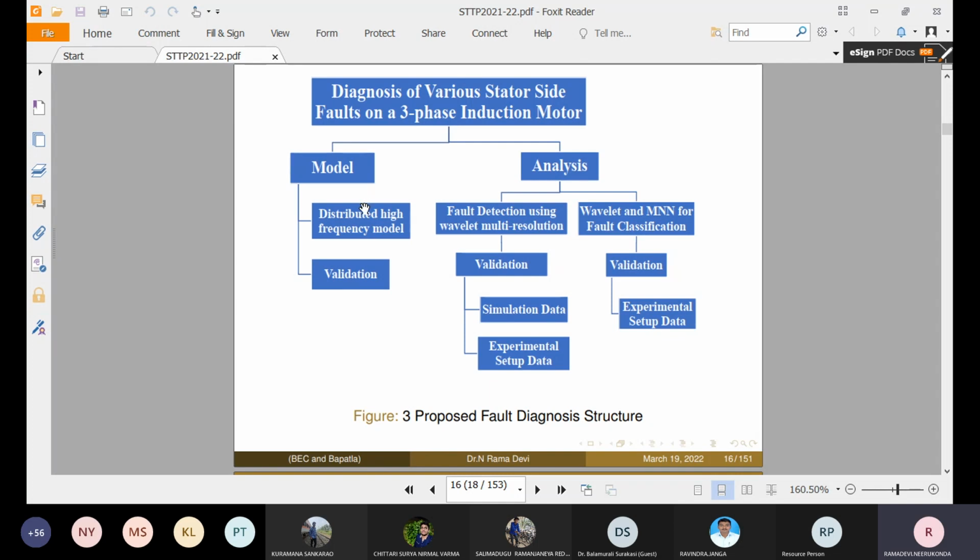So because of that, for the model needed for analyzing the faults, we require the distributed high frequency model, which we have to validate with the help of simulation as well as practical readings. Similarly, we analyze the faults making use of this model and classify those faults making use of the wavelet and HMM classifier.